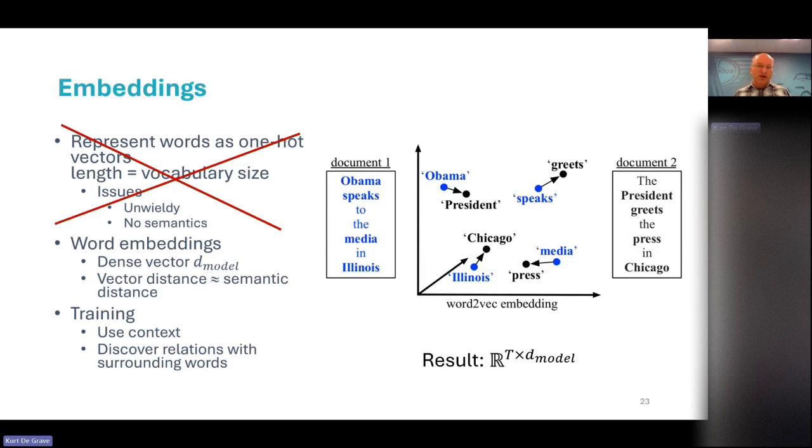So you can use a single matrix for your embedding. The output will also be a matrix, right? So you have a matrix of T tokens, and each token requires a vector of size D for its embedding.